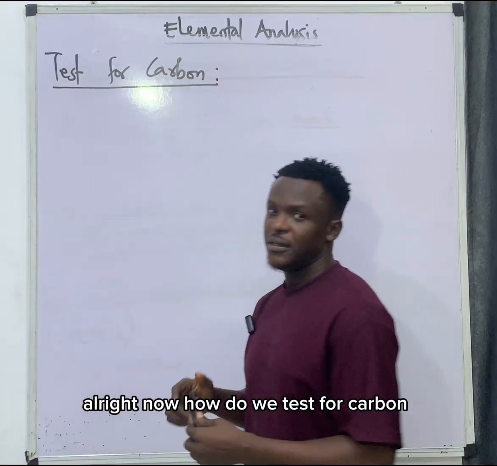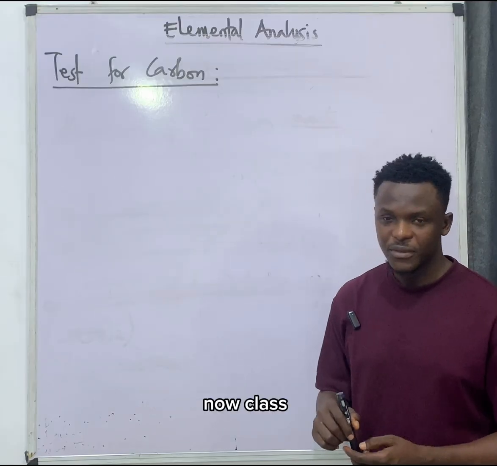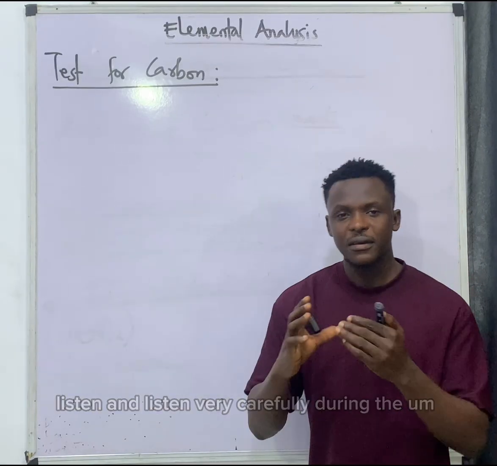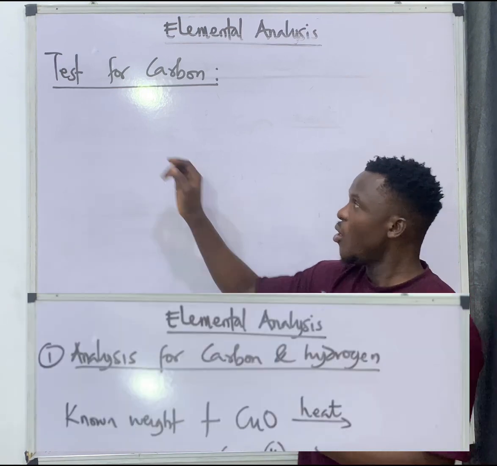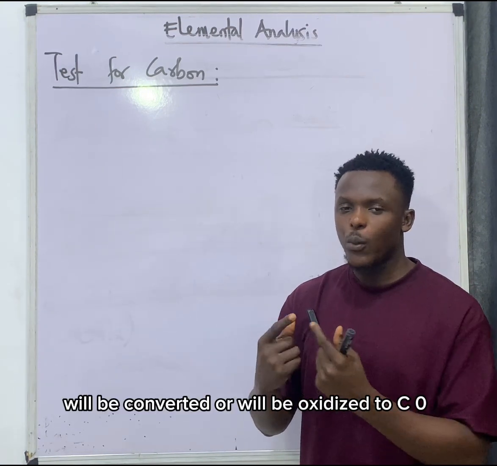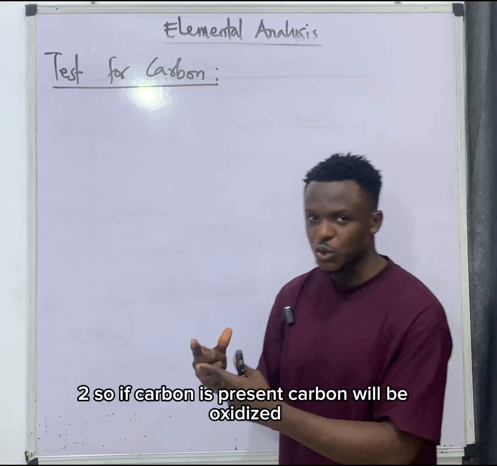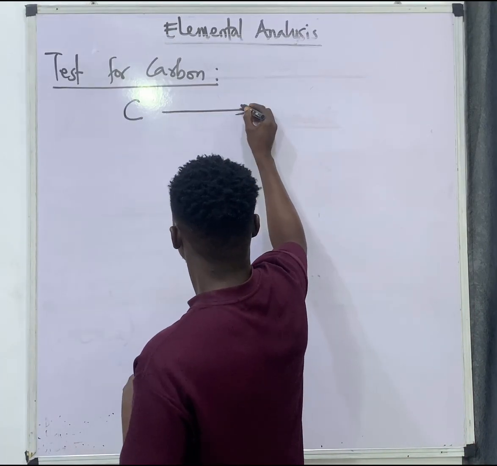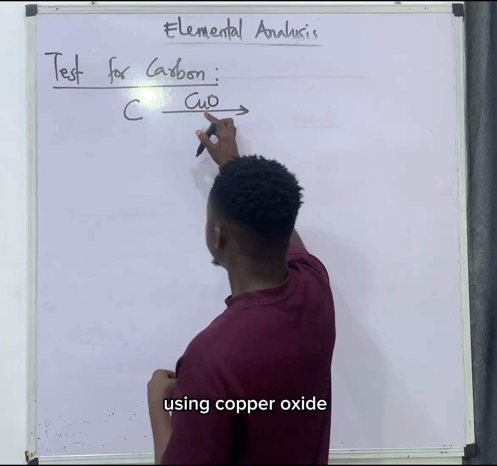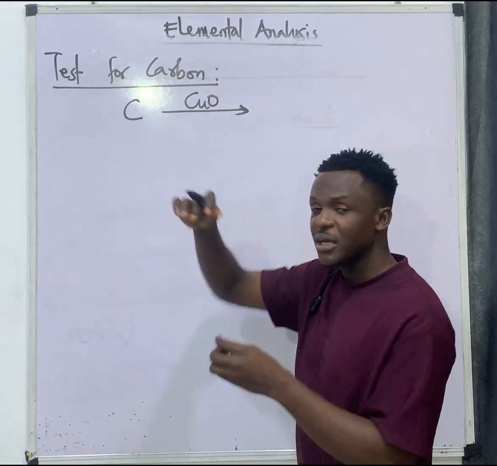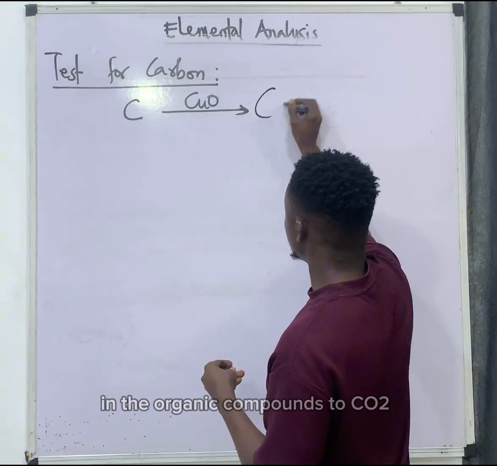Now, how do we test for carbon? Listen very carefully. During the heating, all the carbon present in that compound will be oxidized to CO2. If carbon is present, it will be oxidized using copper oxide. This copper oxide is going to oxidize all the carbons in the organic compound to CO2.